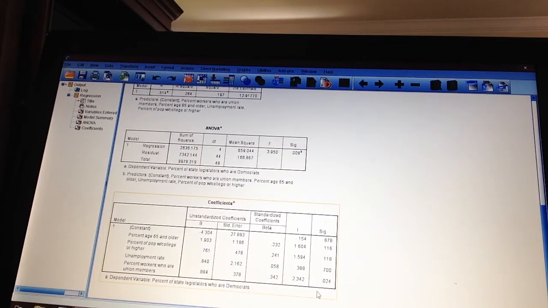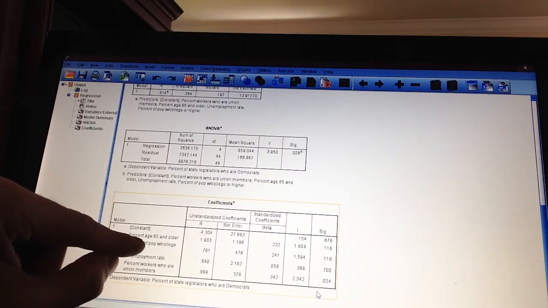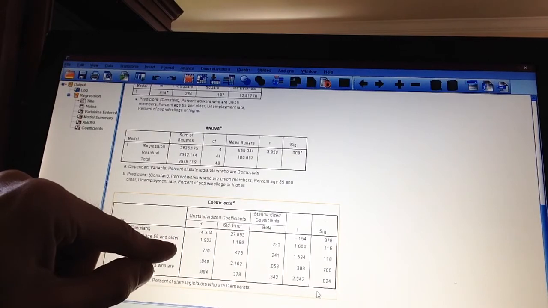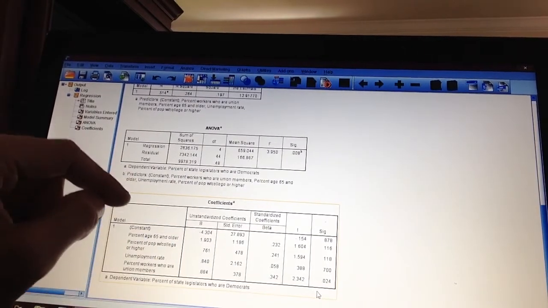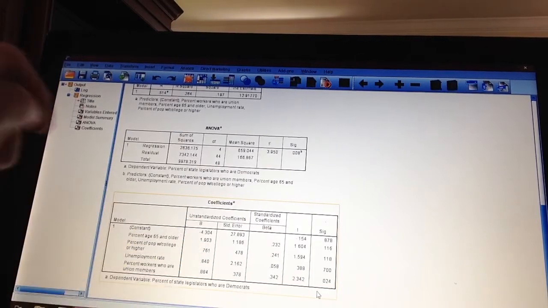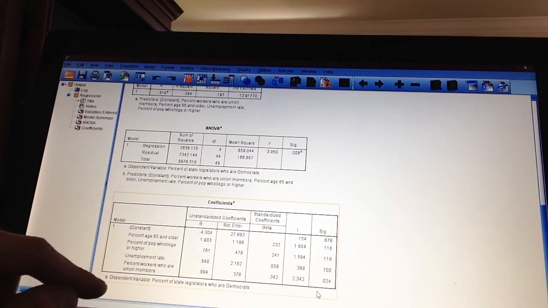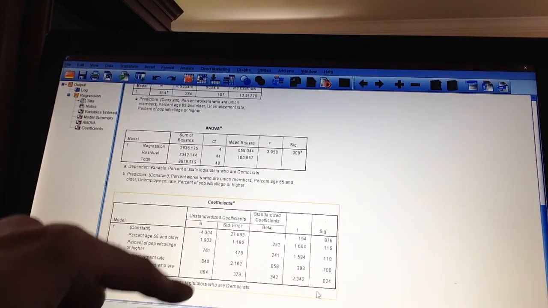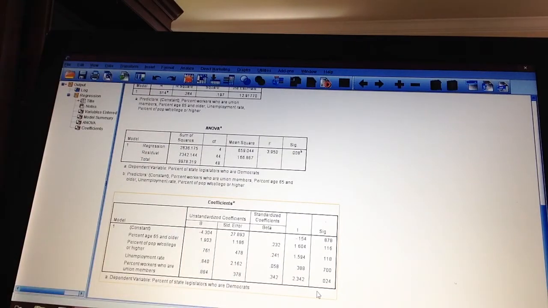The impact of a 1% increase in the percent age 65 or older variable results in an increase of 1.903% in the percent of state legislators who are Democrats. The effect is statistically significant.